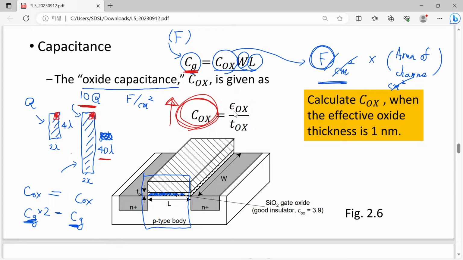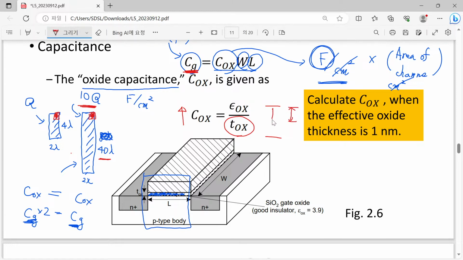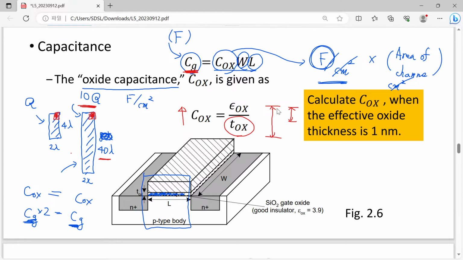So in order to increase the areal density of your electrons, you have to increase this oxide capacitance, and this oxide capacitance is simply given by the inverse of oxide thickness. So if you have thinner and thinner oxide, then you will have higher and higher density of your electron charges. So are you with me?